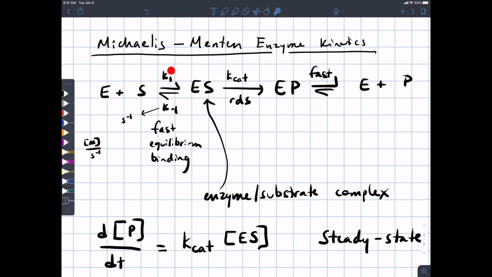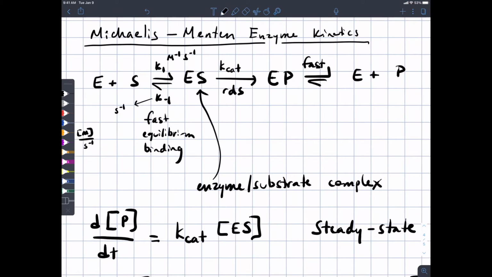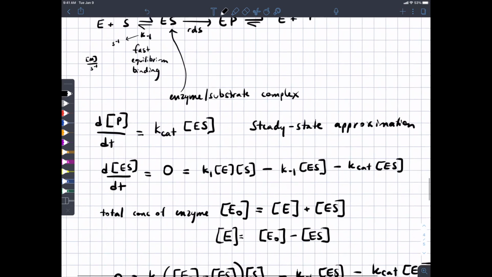In contrast, k1 has to be per molar per second, because in the rate law for this forward step, you have two concentration terms, and to end up with a rate that's not molar squared per second, the rate constant needs to be per molar per second. Similarly, kcat is just a unimolecular rate constant in per second.